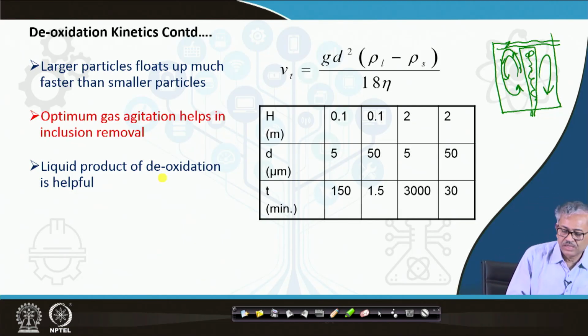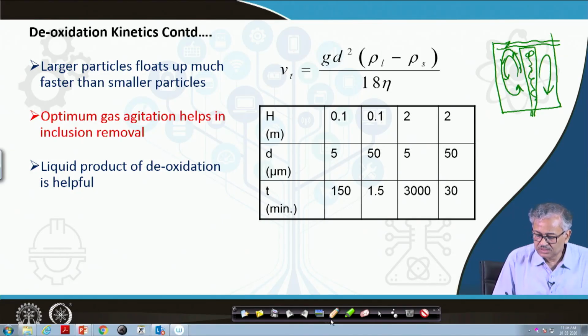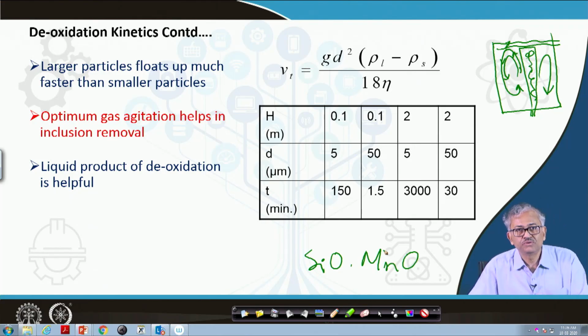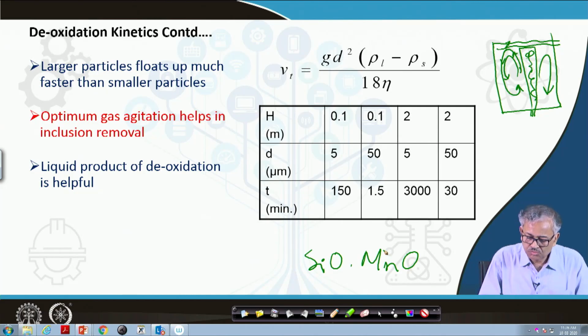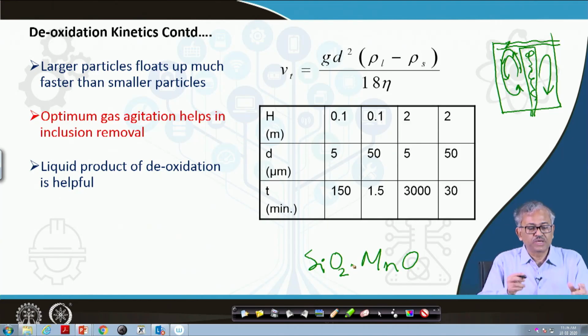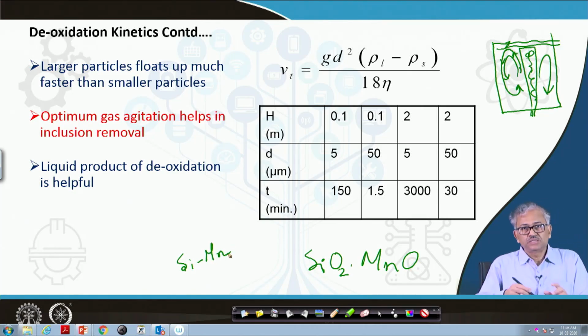That is why silicomanganese, SiMn, is used. If your deoxidation product is SiO2 and MnO, they form a liquid product of deoxidation. That is why silicomanganese is used as a deoxidant.